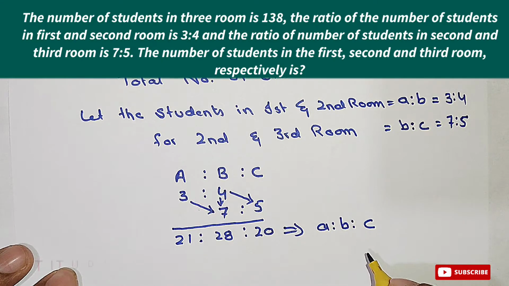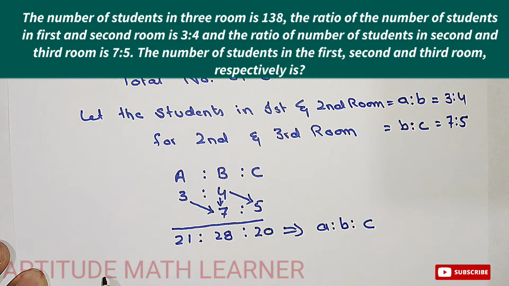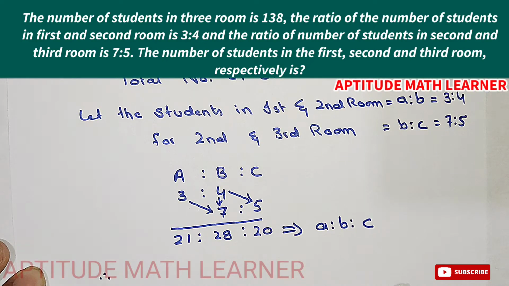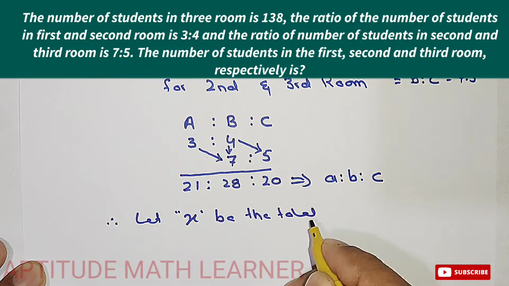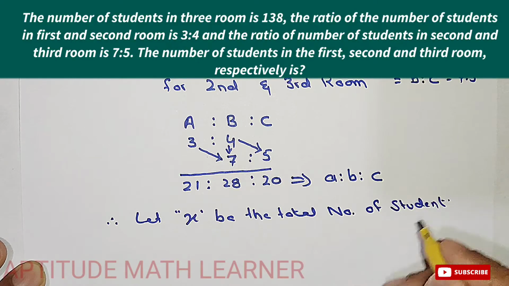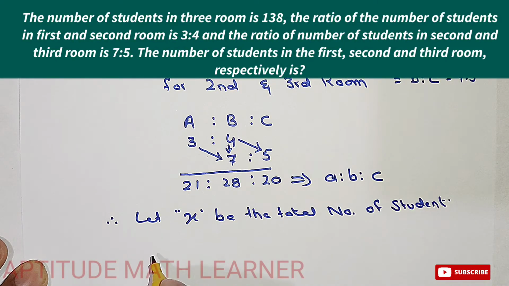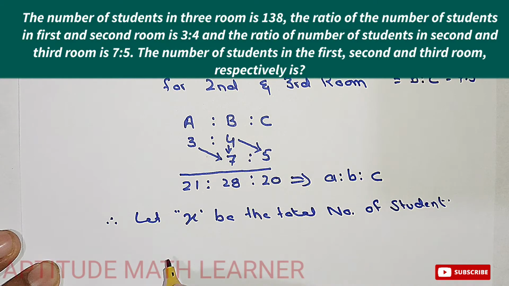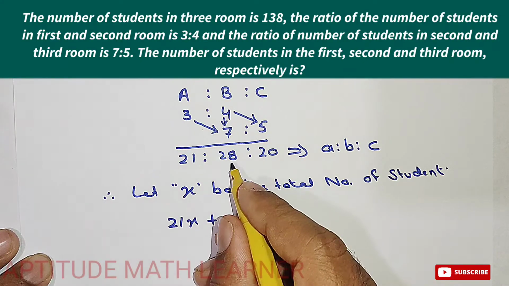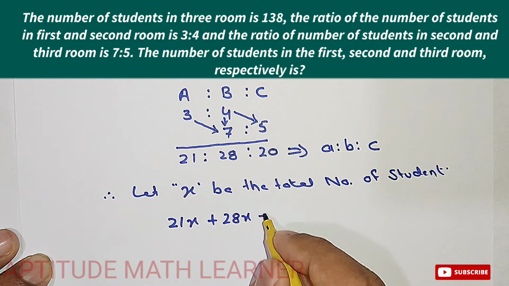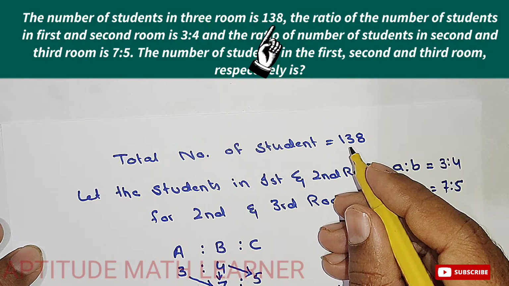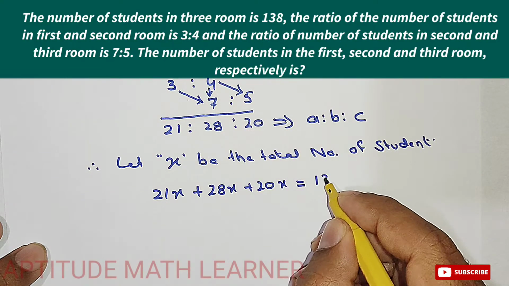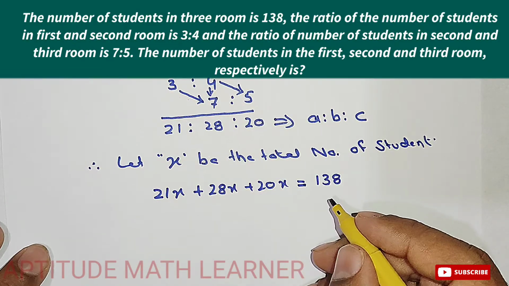I hope till here you have completely understood the method. Now let x be the multiplier. So this becomes 21x plus 28x plus 20x, and this is equal to the total number of students, that is 138.